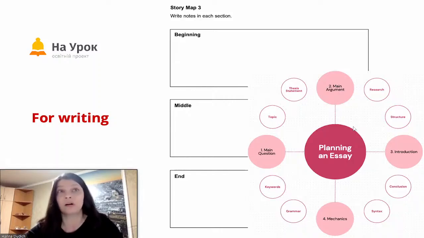Maybe from some source on the internet, and of course conclusion, and all different other supporting interesting things which they can use while writing or planning an essay. This kind of diagram can be used by students of 9th or 10th or 11th form. Of course, the simpler one would be more suitable for students of the middle school or even the elementary school.